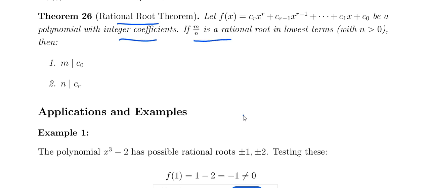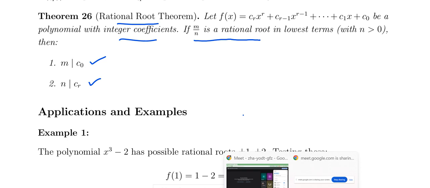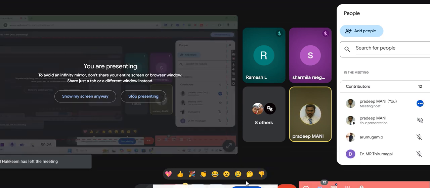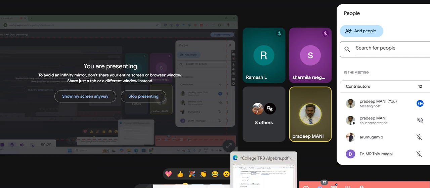If m by n is a rational root in lowest terms, then m divides c naught, that is the constant term, and n divides c r, the coefficient of x power r. Please refer to the 11th or 12th standard book, then we get the idea about the rational root theorem. I think they have given many examples.